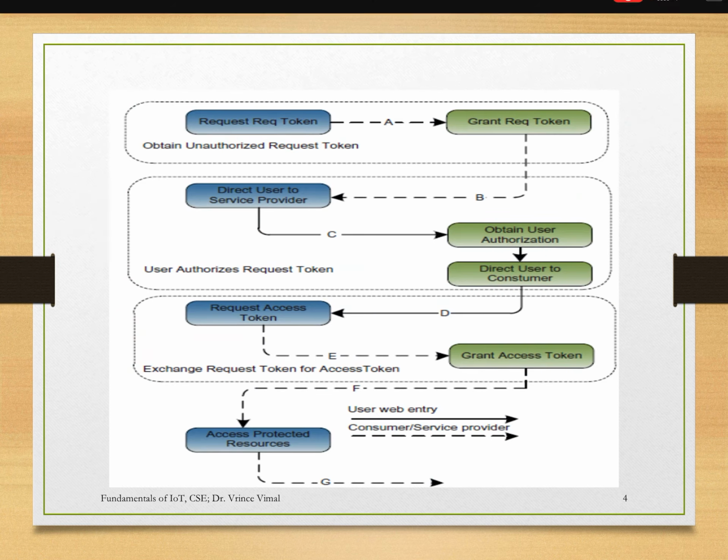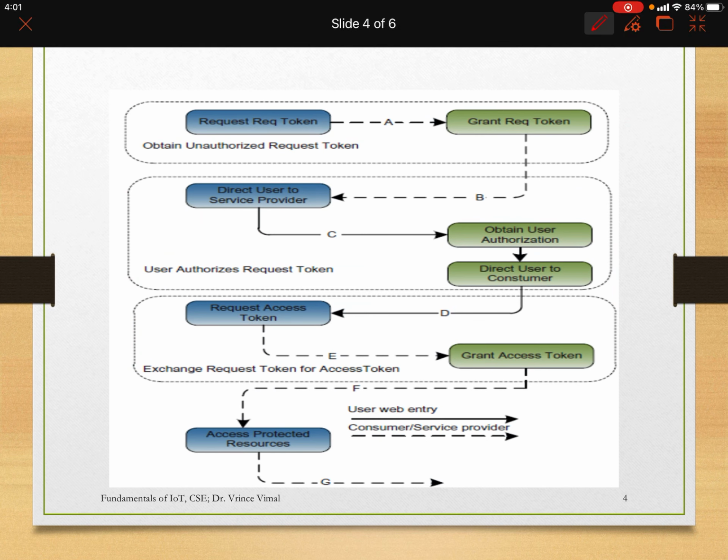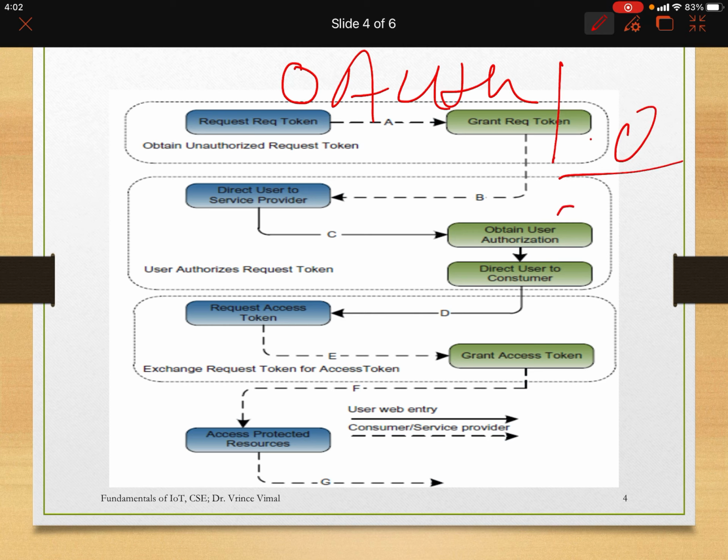One of the common standards used for authorization and authentication is widely known as OAuth. Its first version 1.0 was there; today we have the 2.0 authorization system. So we'll quickly look at what the OAuth system is.